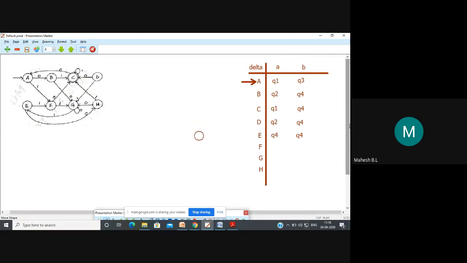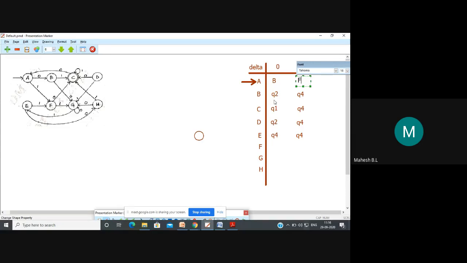Next, the symbols are 0 and 1. A on 0 is B. A on 1 is F, from the diagram.